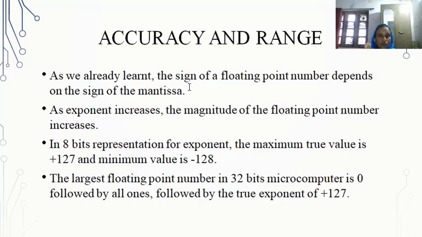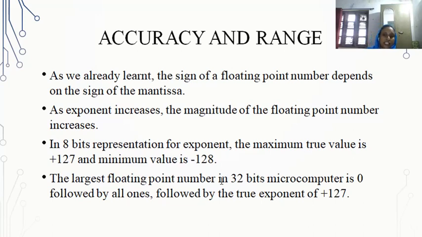Similarly, in the case of 8-bit representation for the exponent, the maximum true value is plus 127 and the minimum value is minus 128. In the case of a 32-bit representation, the largest floating point number is 0 followed by all ones, followed by the true exponent of plus 127.